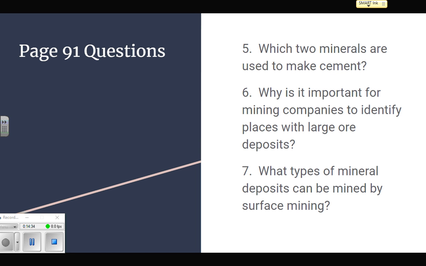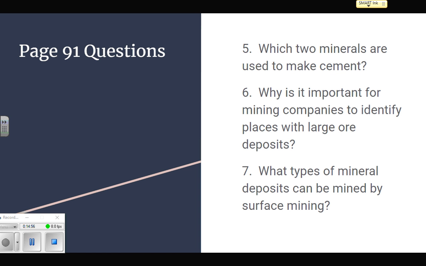Some mineral deposits are close to Earth's surface. They may be covered with a layer of soil or rock. Miners take off this top layer so they can collect the minerals. This type of mining is called surface mining.